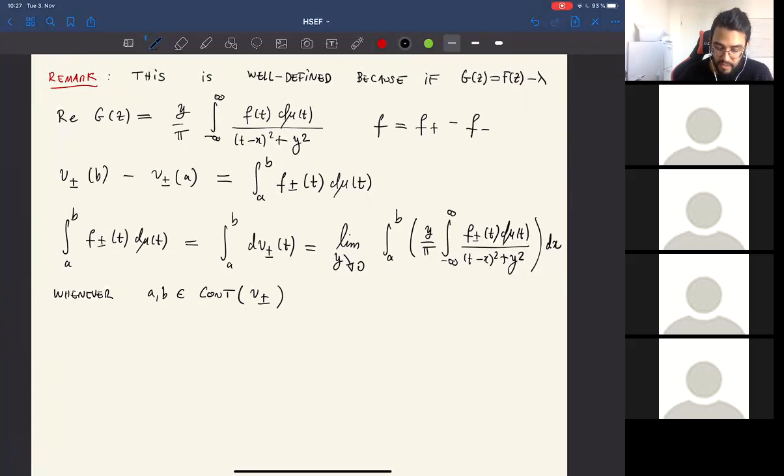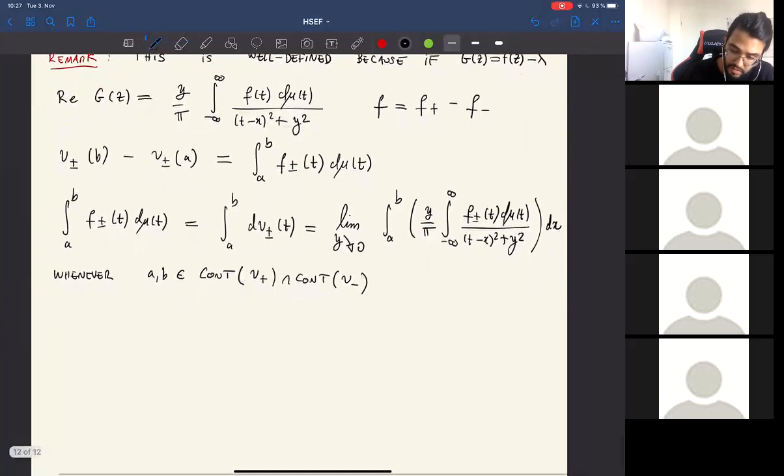So therefore, if we just take the intersection, this is an everywhere dense set, for instance, so you can take a, b in any interval you like, basically. Okay, so that's what we know.